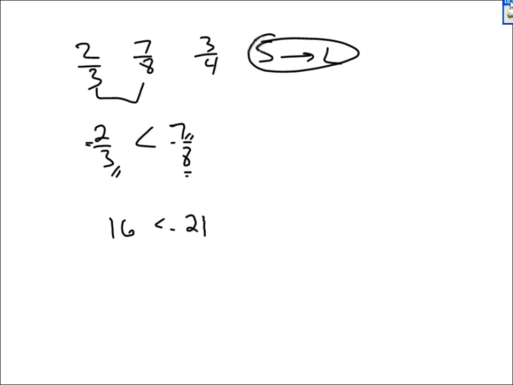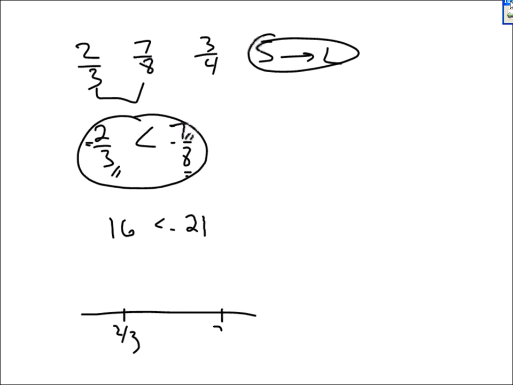Okay. So we concluded that 2/3 is smaller than 7 over 8. Now the 3/4, assuming it doesn't equal one of the first two numbers, either it's below 2/3, or it's in between 2/3 and 7 over 8, or it's bigger than 7 over 8.